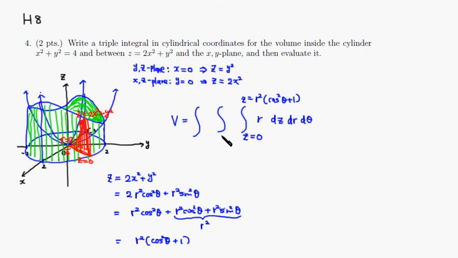Once you've done that, you can rotate this, so theta can go from 0 all the way to 2 pi to cover the entire solid. Then you can evaluate this integral on your own. I'll let you do the rest. All right, that's it. I hope that this was clear.